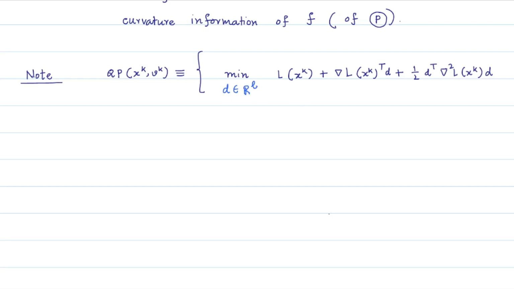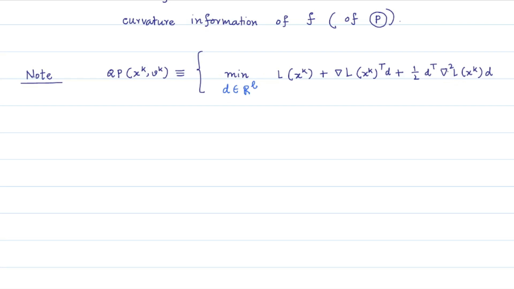Fine. And therefore you notice that this identification of the sequence xk, vk to find a solution to the KKT system of the original problem capital P is effectively solving an unconstrained minimization problem with the help of Newton's method.